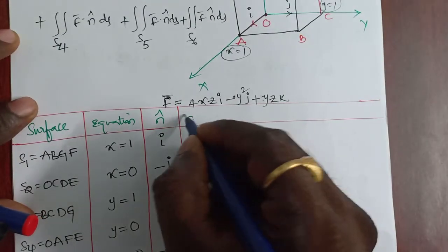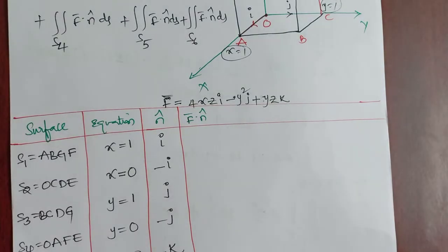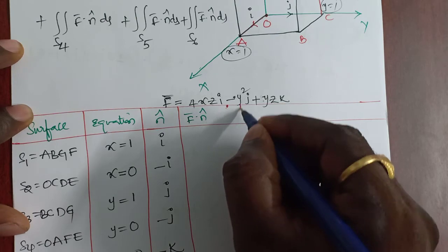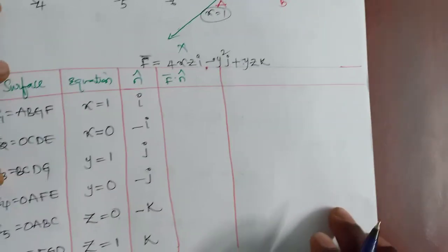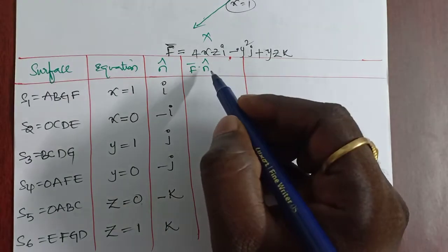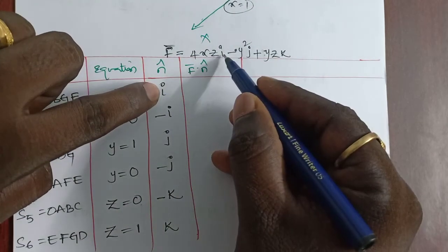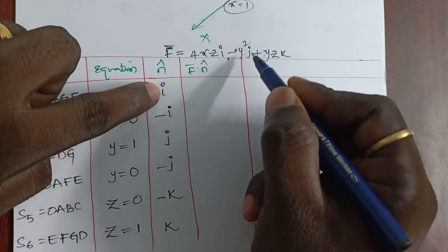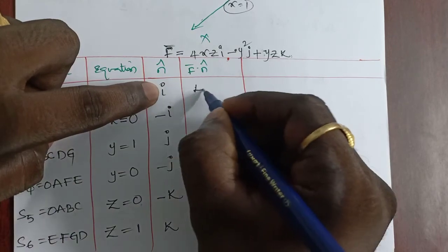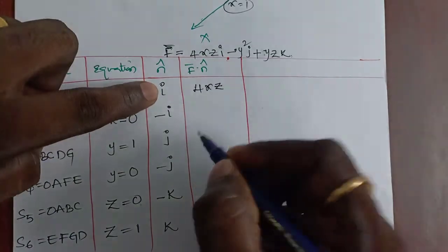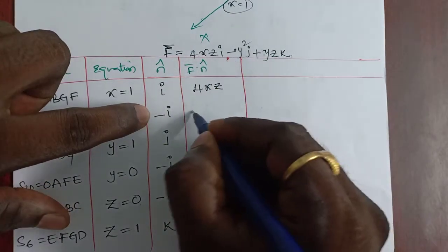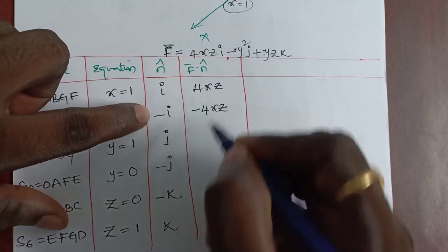Okay students, then the next very important thing is F bar dot n cap. That F bar dot n cap we need to find. See students, F bar dot n cap is what? i bar dot i bar is 1. i bar dot j bar is 0, no need to take this. i bar dot k bar is 0, no need to take this. Since it is 4xz, minus i bar dot 4xz i, it is minus 4xz.